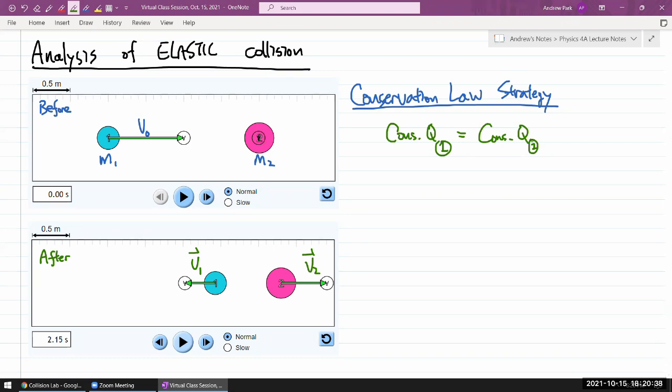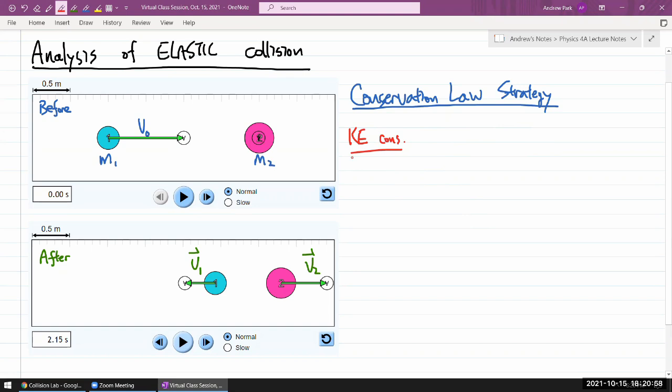It doesn't change after or through an interaction. So with an elastic collision, you have one conserved quantity given to you. The moment someone tells you it's elastic, you are told that kinetic energy is conserved.